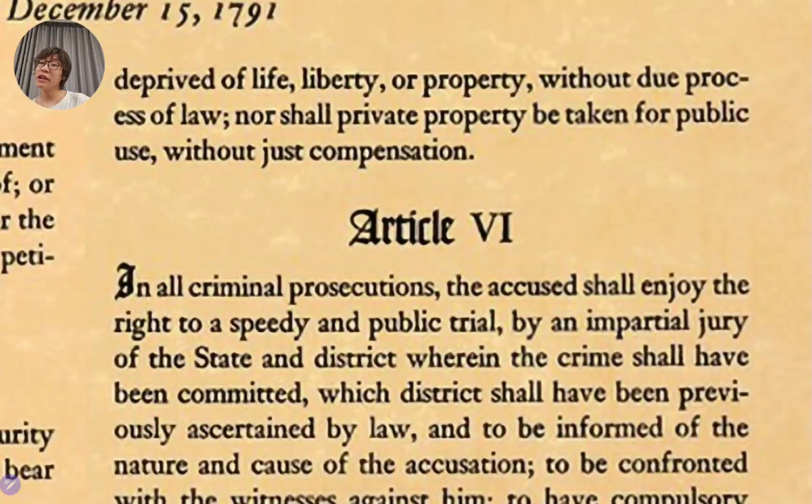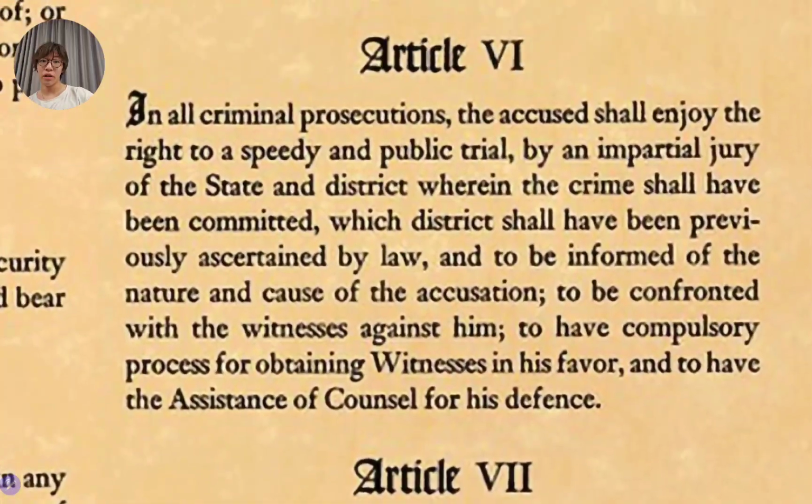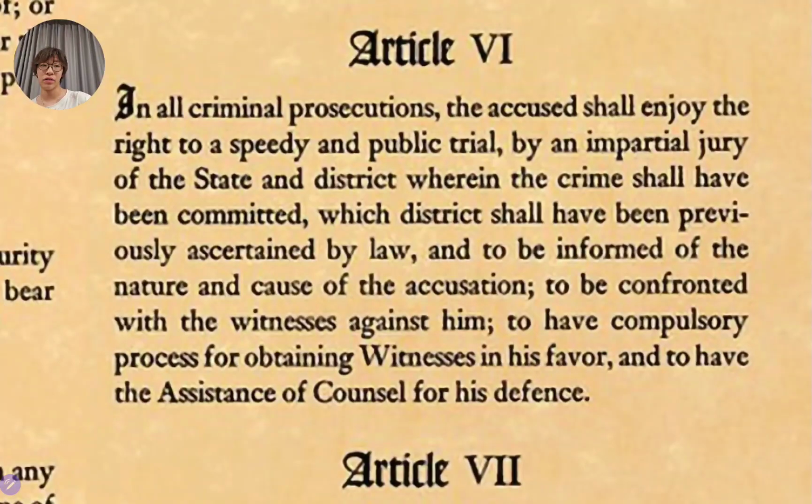It even includes that you cannot be killed or have your property confiscated without due process of the law. The death penalty, I still think, should be illegal. No one has the right to kill someone else, even if that person has murdered several people.